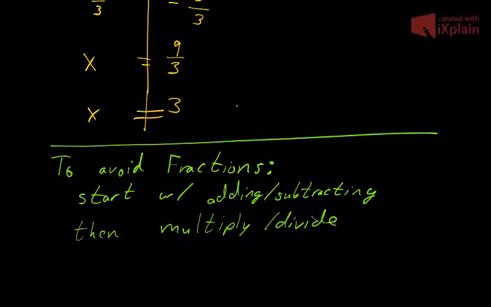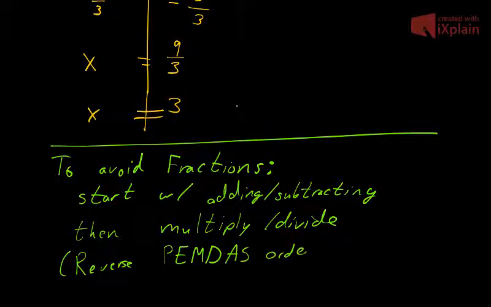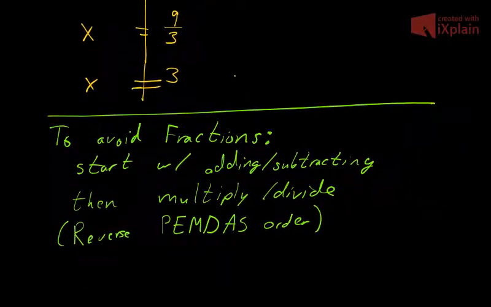Basically, I'm going to do these multi-step equations in reverse PEMDAS order. So I'm going to want to start off with addition and subtraction, then multiplication and division, then take care of exponents, and then worry about parentheses. And that's just going to be the easiest way of dealing with these equations if I'm trying to unravel them.